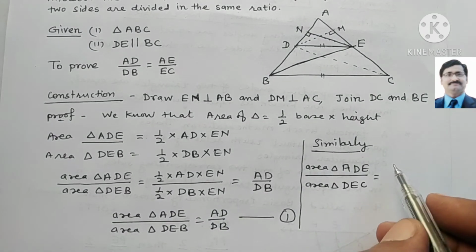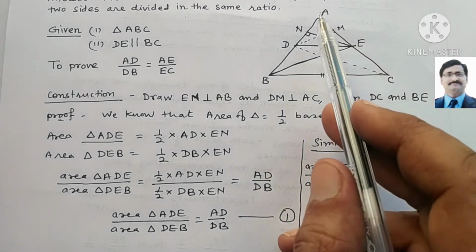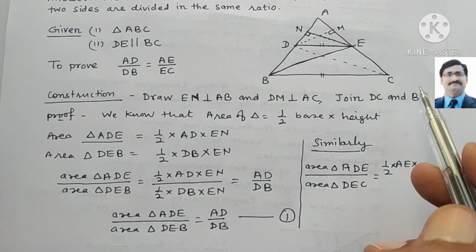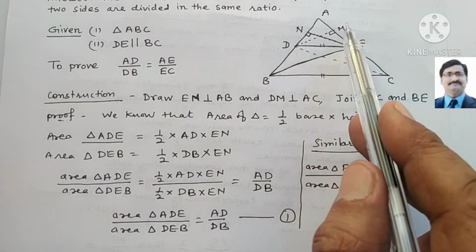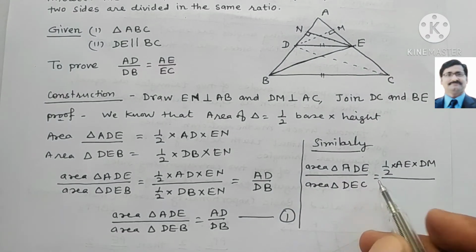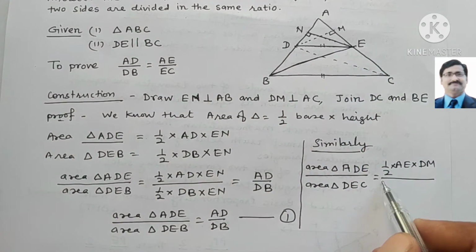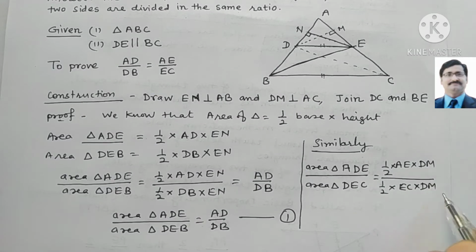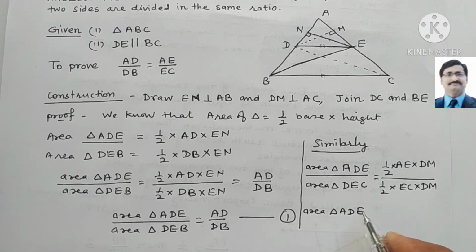For area of ADE, we take base AE, then height will be DM. And for area of DEC, we write 1 upon 2, base EC, then height will be DM. So here also we can write area of triangle ADE upon area of triangle DEC equals AE upon EC.